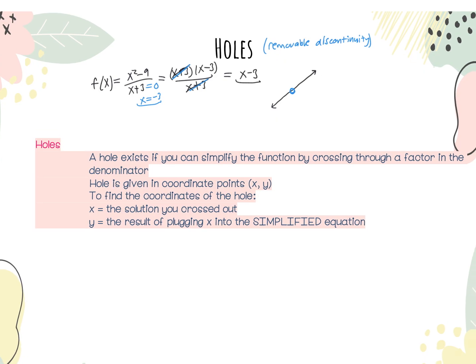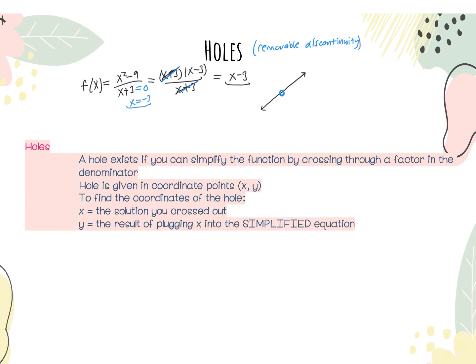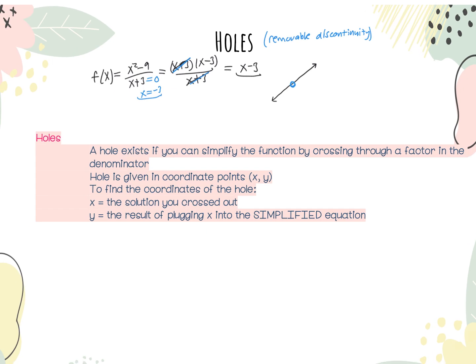So a hole exists if you can simplify the function by crossing out a factor, all right? And you always give your hole as an ordered pair x comma y. And to actually find out where the hole is going to be, x is going to be whatever you crossed out. So in this case, it's -3. And you get the y value from plugging that in to your simplified equation, right?